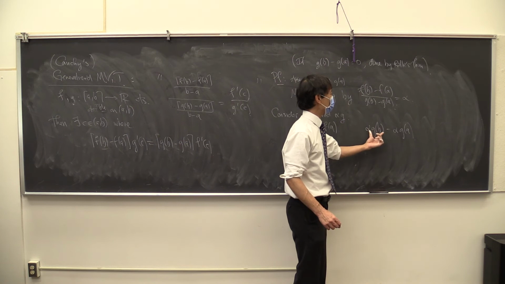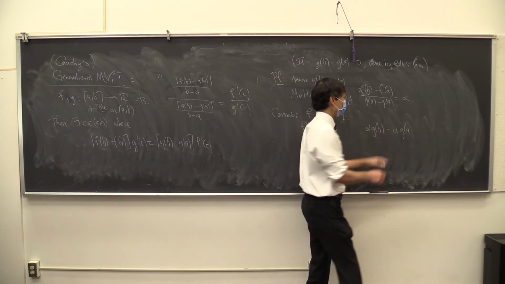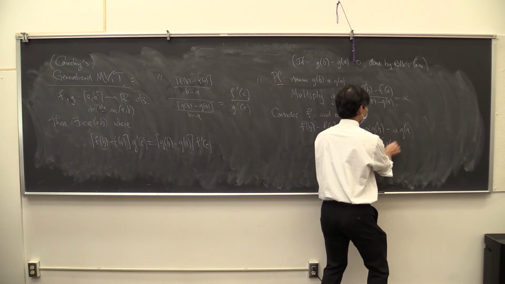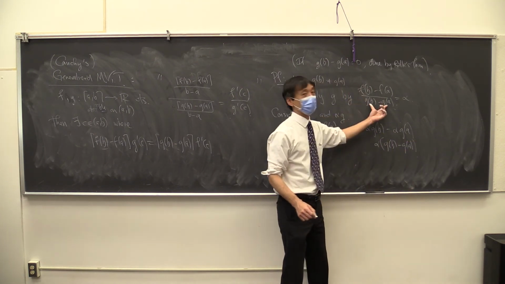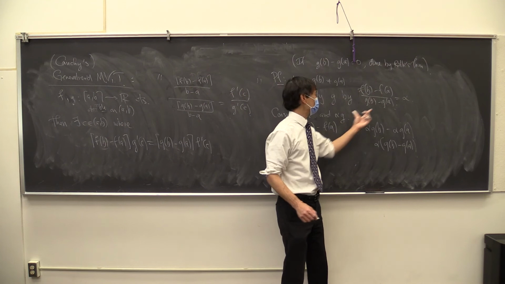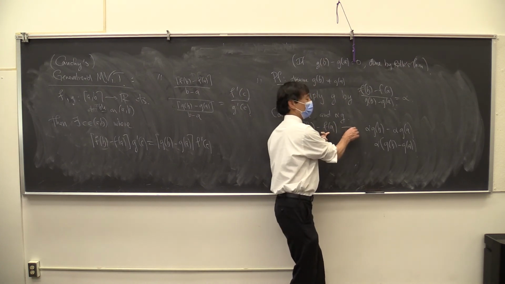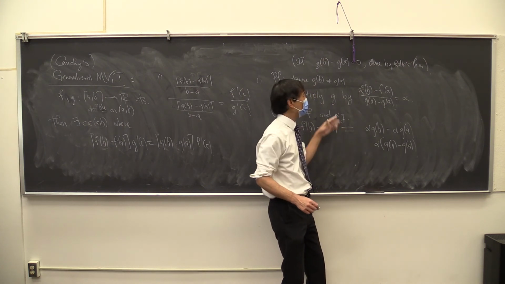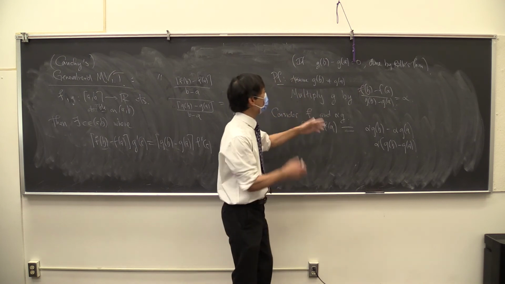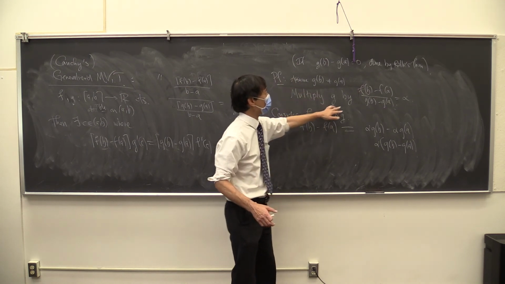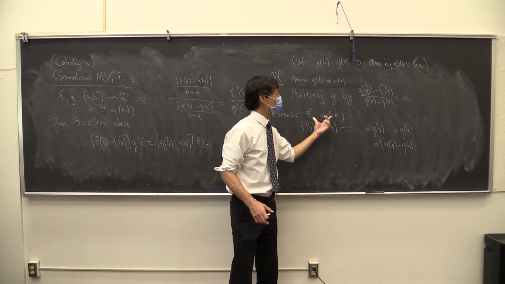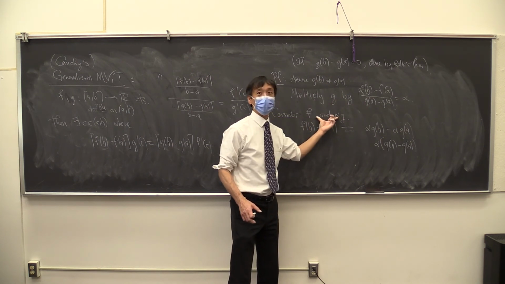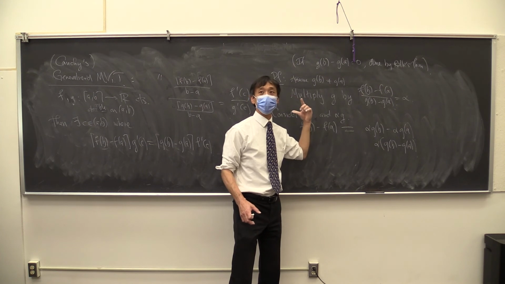When I look at alpha g of b minus alpha g of a, that's of course the same as alpha times g of b minus g of a. Right? But alpha times g of b minus g of a is f of b minus f of a. Right? So I scale the second function by this constant that makes it so that the new pair satisfies the conditions of the last corollary.